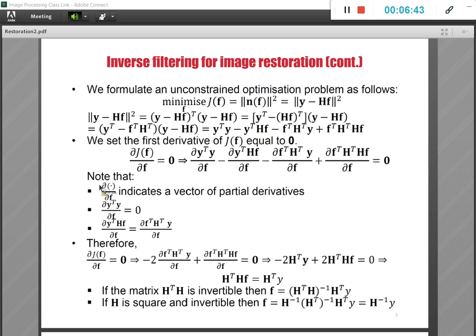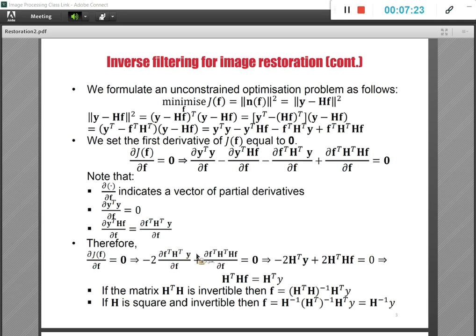We know that the partial with respect to f indicates a vector of partial derivatives, like in PDEs, partial differential equations. The partial of y transpose y with respect to f is 0, and substituting the others here, considering this equation, we have this form.